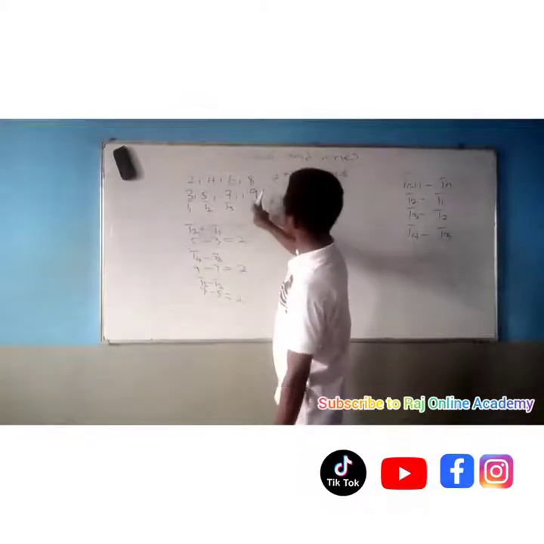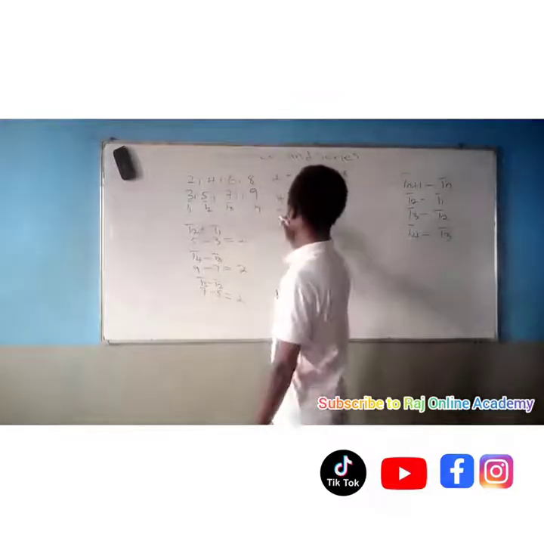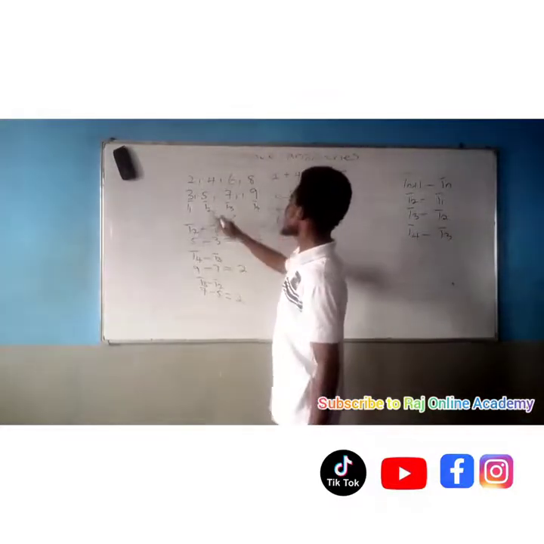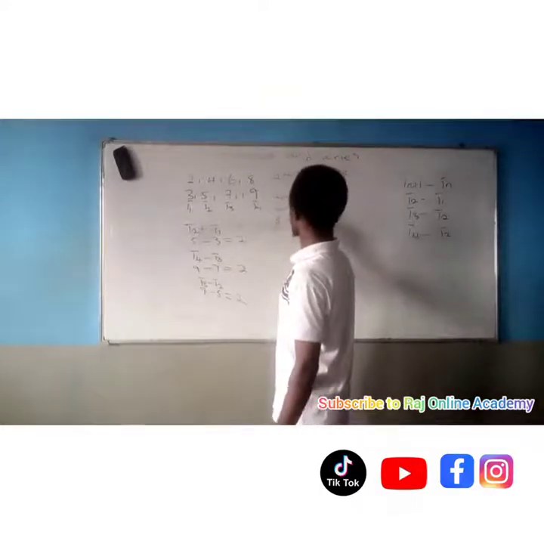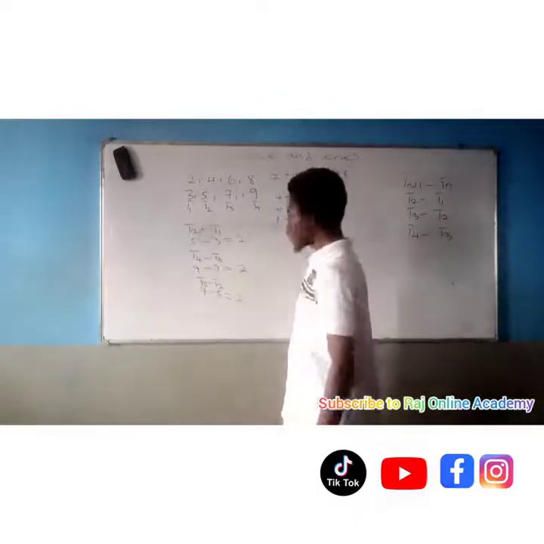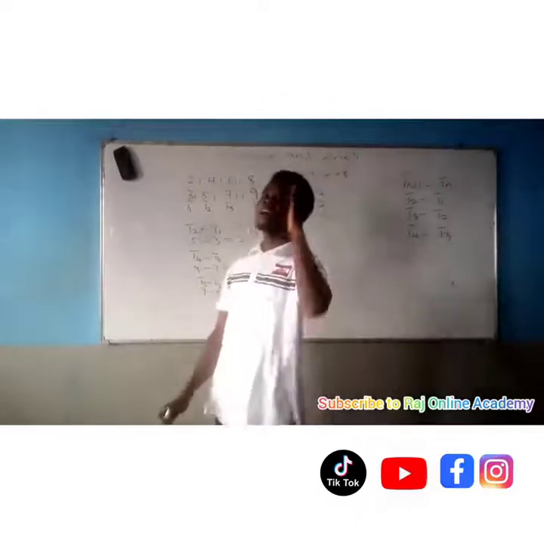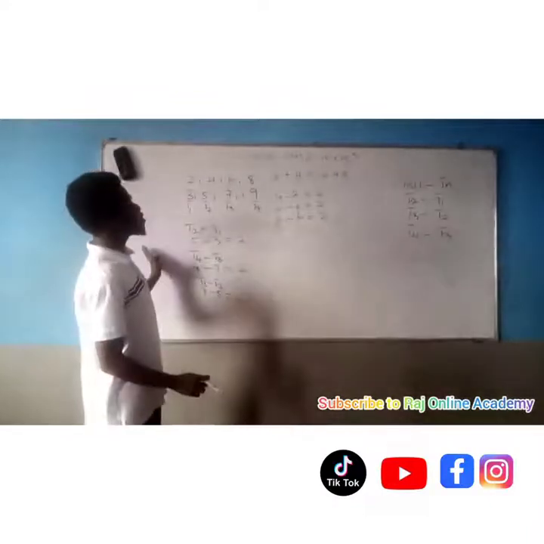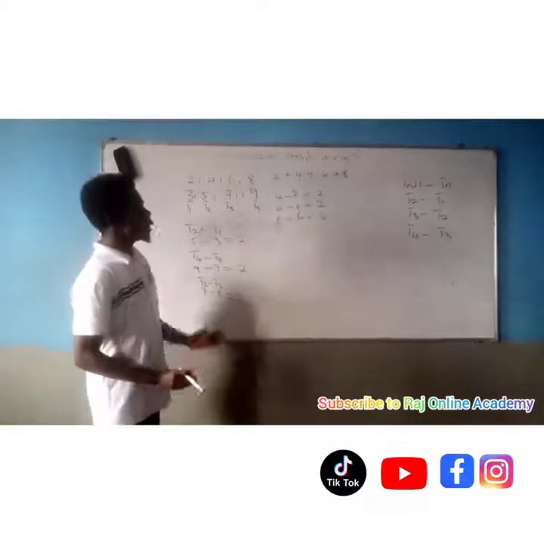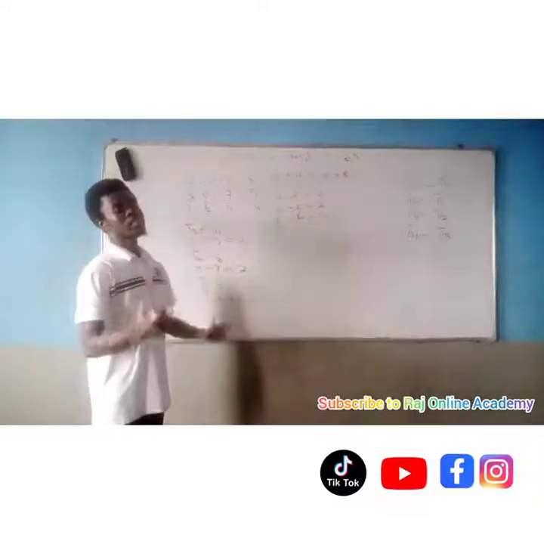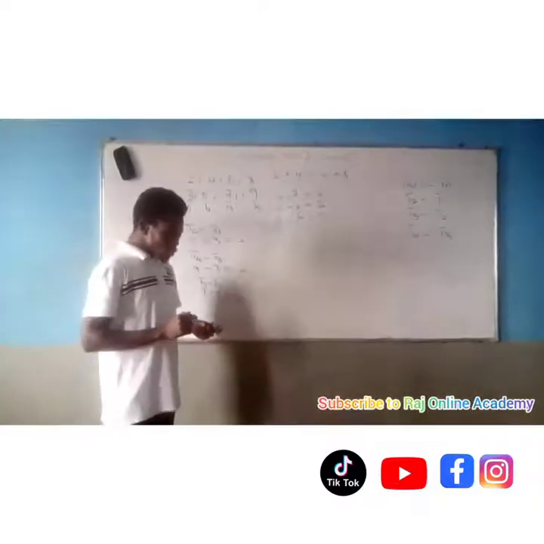Again, T4 minus T3. T4 for the top is 8 minus T3, which is 6, and 8 minus 6 is 2. So you can see that we have a constant common difference. Since we have a constant common difference, we can call this expression a linear sequence.